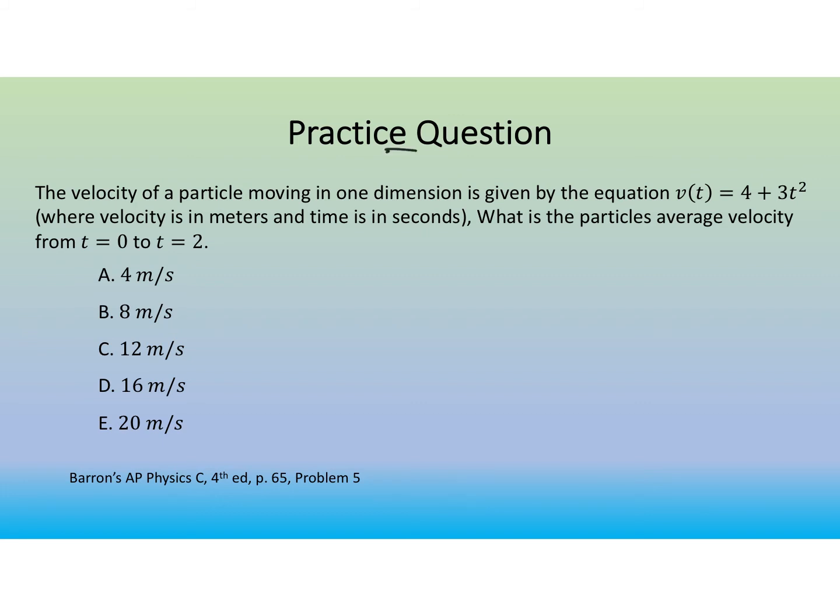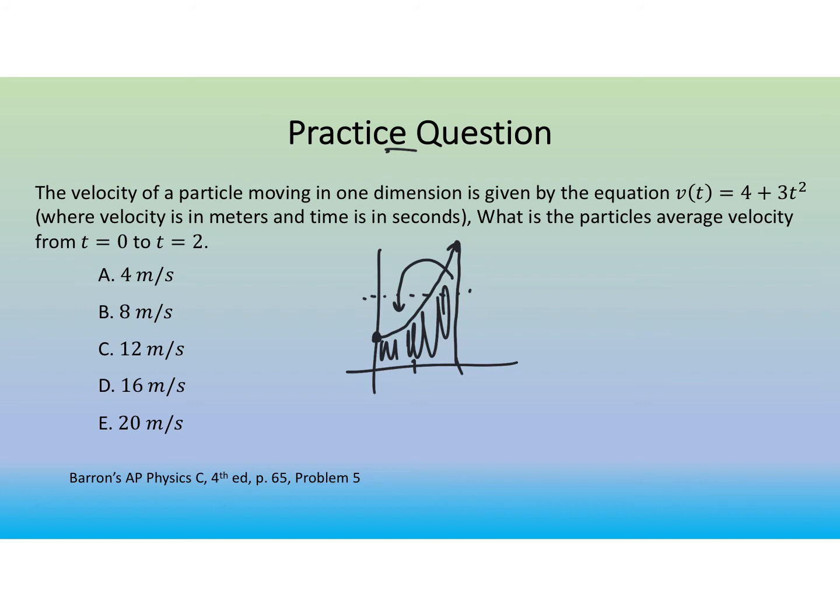From a graphical representation, at t equals 0, the velocity is going to be 4, and at t equals 2, the velocity is going to be up at 16, right? It takes a non-linear path to get there. So if we want the average velocity, we basically need to integrate all of this and then melt it down so that this will fill in that gap, right?